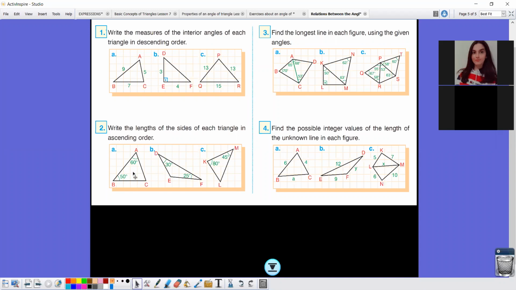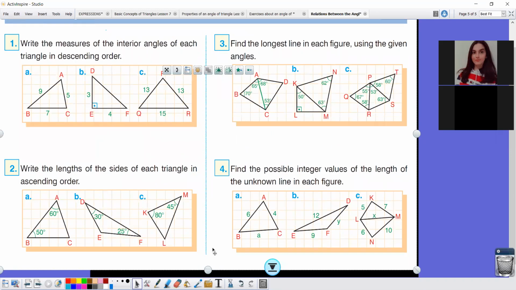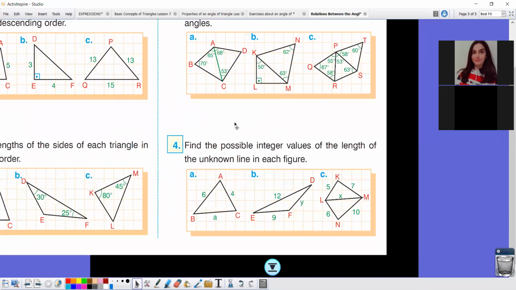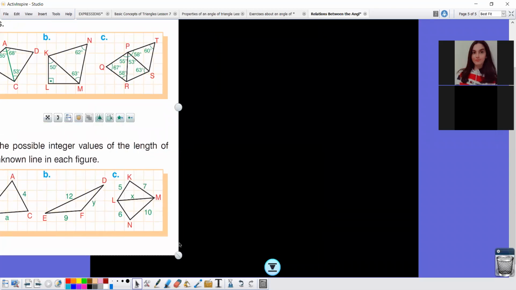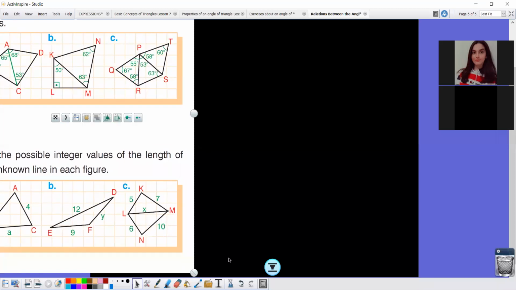So let's do it together. Let me make it bigger. Can you see? Yes. Now here we have 3 triangles.